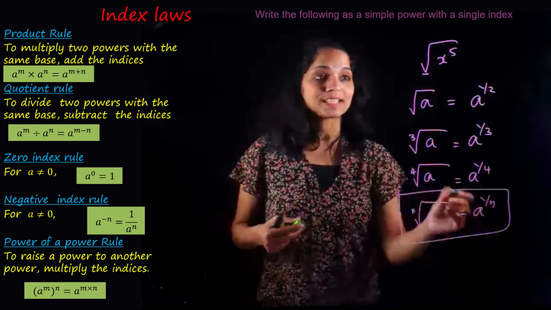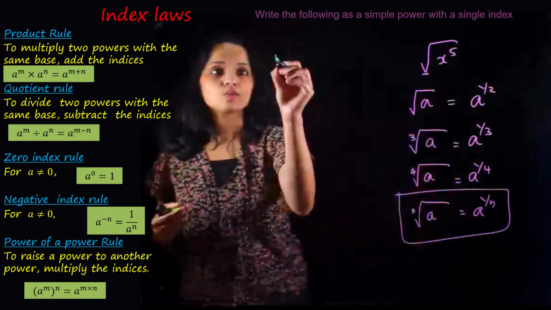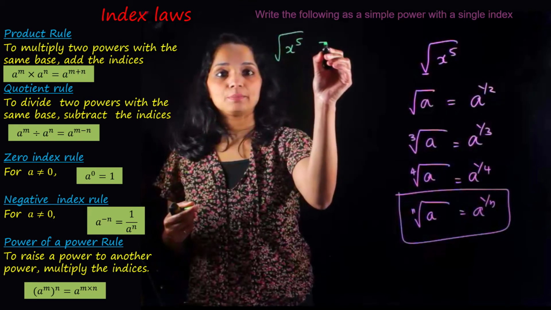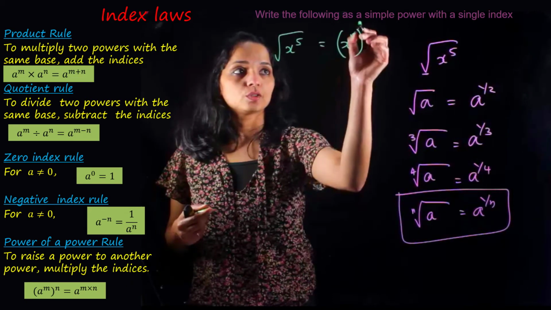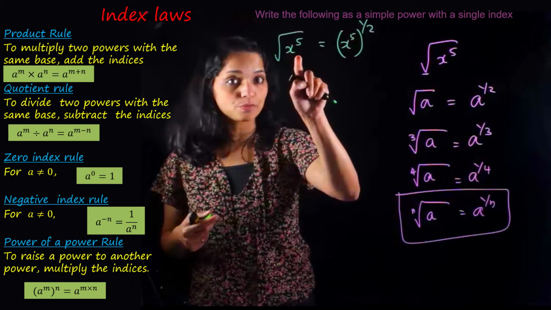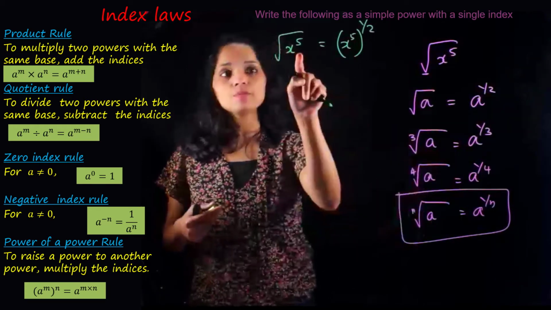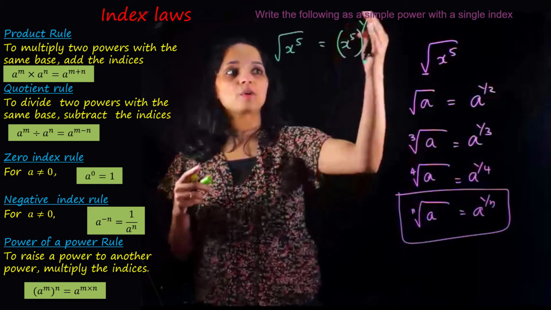So we can use this to simplify root x to the power 5. Root x to the power 5 can be written as x to the power 5, to the power 1 on 2, because we are taking the square root of x to the power 5. In place of a, we have x to the power 5. Next we need to apply one of the index rules.